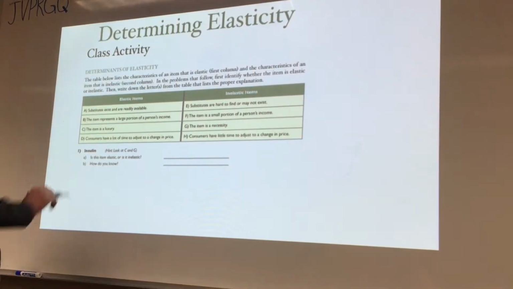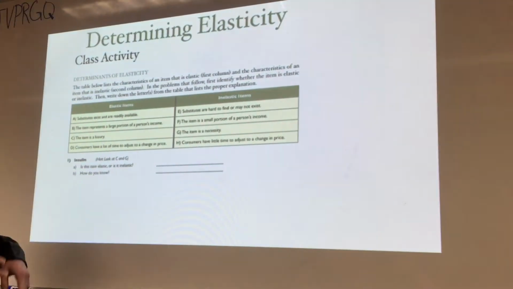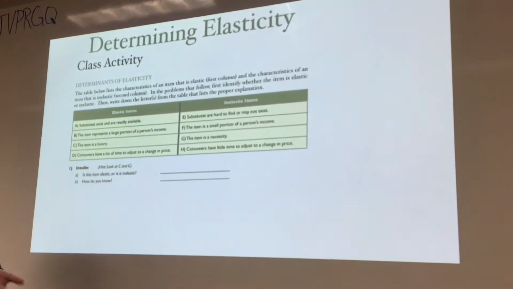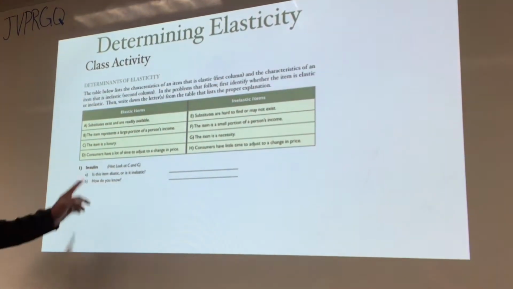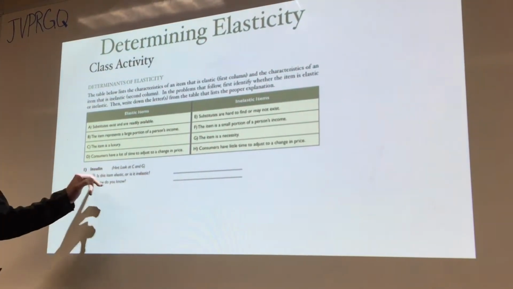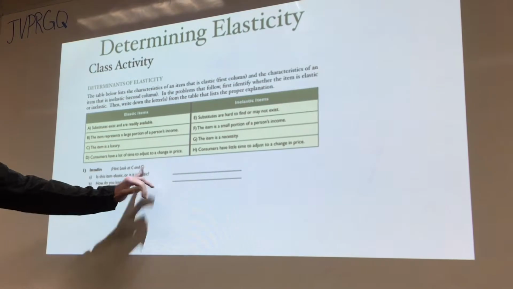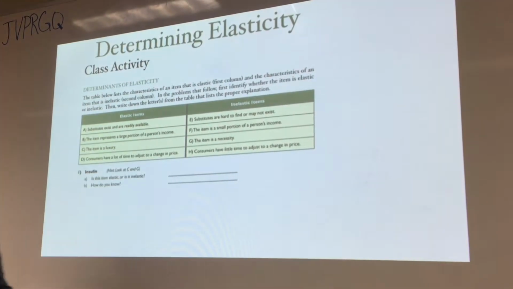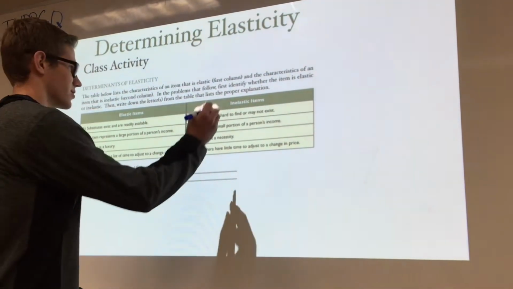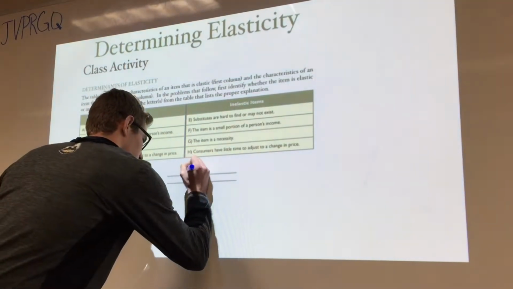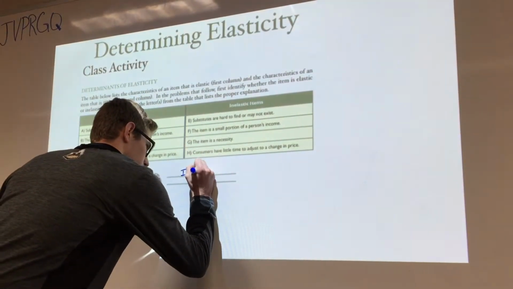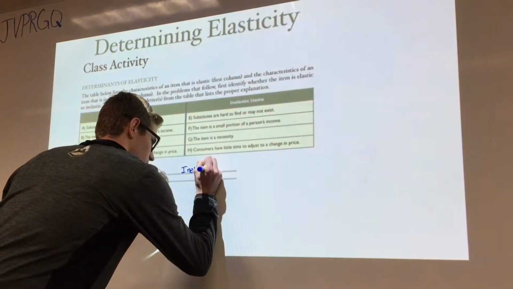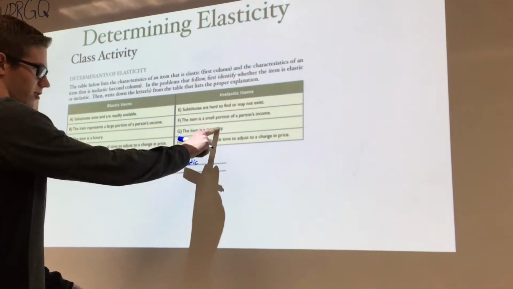Alright, so we're looking at whether an item is elastic or inelastic. The first item is insulin. So it says hint, look at C or G. Let's look at G. This is a necessity. So it is inelastic. And how do you know? Because it's a necessity.